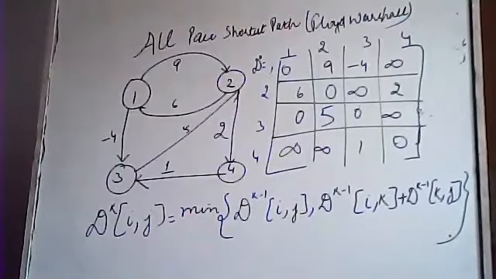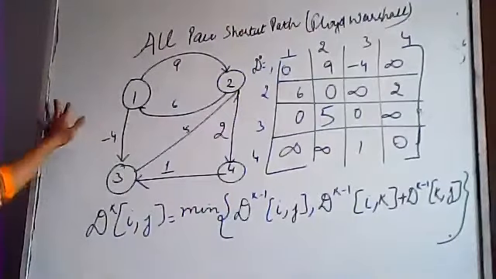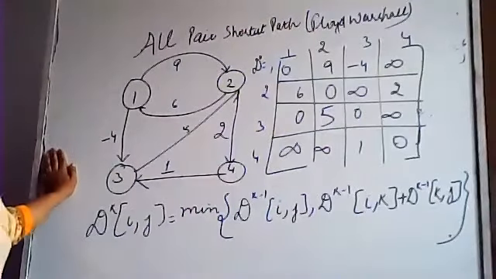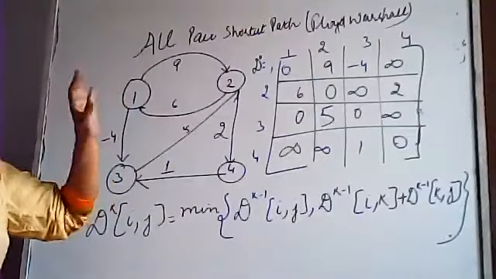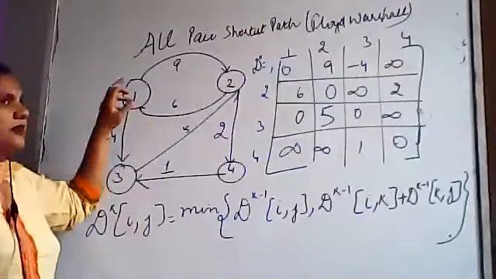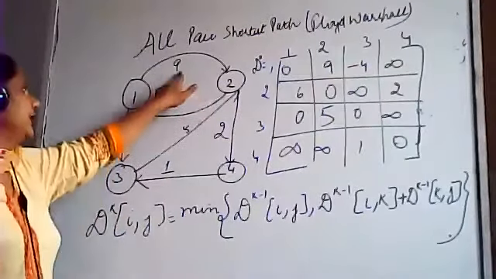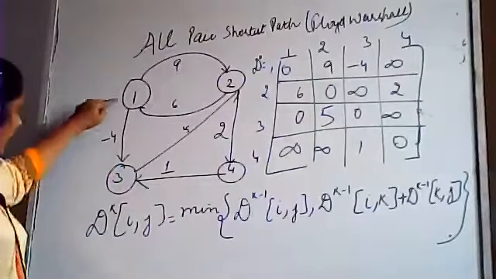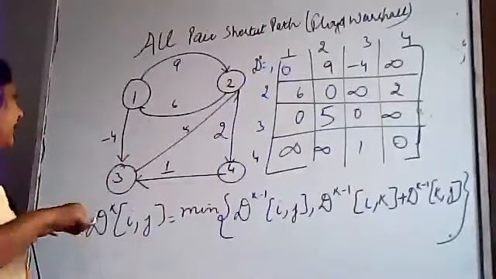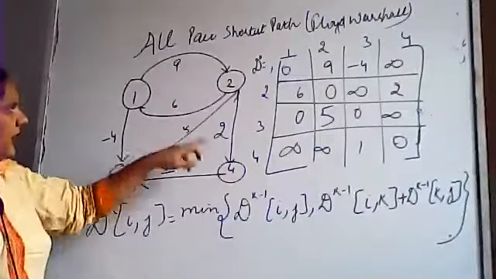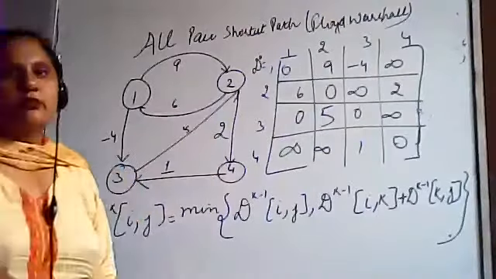I've drawn a graph by taking the 4 vertices. You may take n, that is up to you. You may take 5, 6. So we have drawn a weighted directed graph. 1 to 2 weight is 9, 2 to 1 weight is 6, 1 to 3 is minus 4, then 3 to 2 it is 5, then 4 to 3 it is 1, and 2 to 4 it is 2.